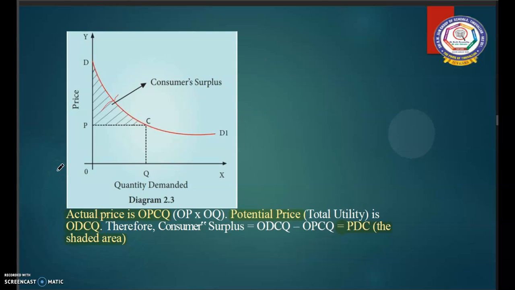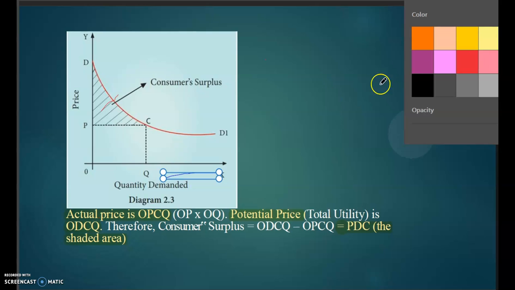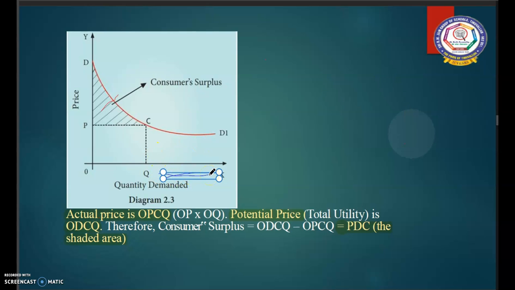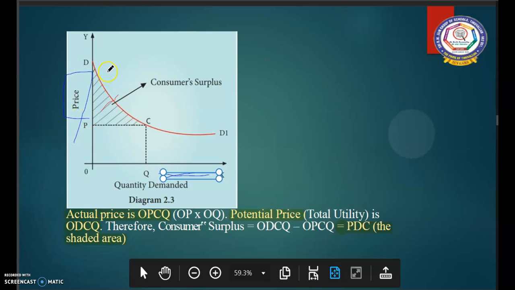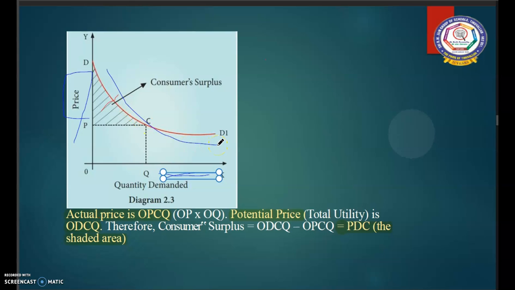Now in this graphical representation, the x-axis shows the amount demanded, and the y-axis represents the price. Here DD1 shows the utility which the consumer derives from the purchase of different amounts of the commodity. When the price is OP, the amount demanded is OQ.